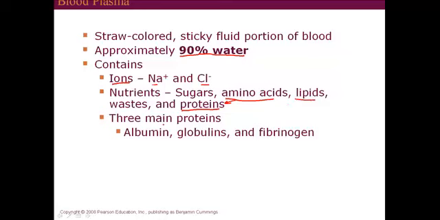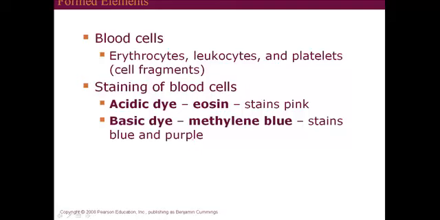So there are three main proteins: albumin, globulins, and there are a series of these, and these are part of the immune system, and fibrinogen, which is part of the blood clotting process. The blood cells, the red blood cells, are called erythrocytes.